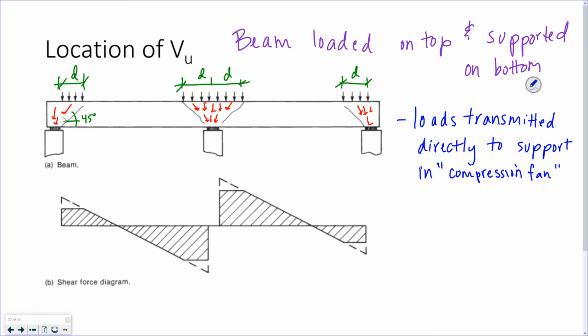And as a result, will not affect the stresses in the stirrups that cross the crack.